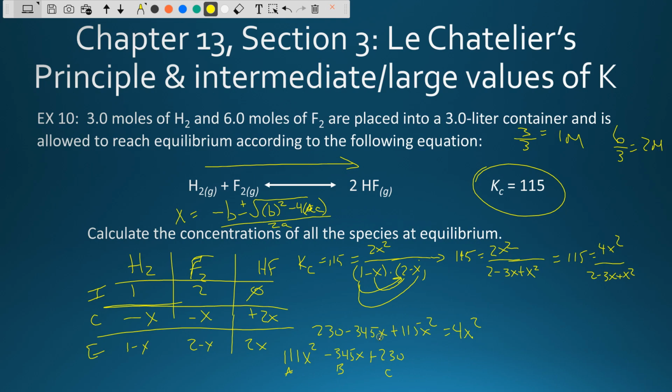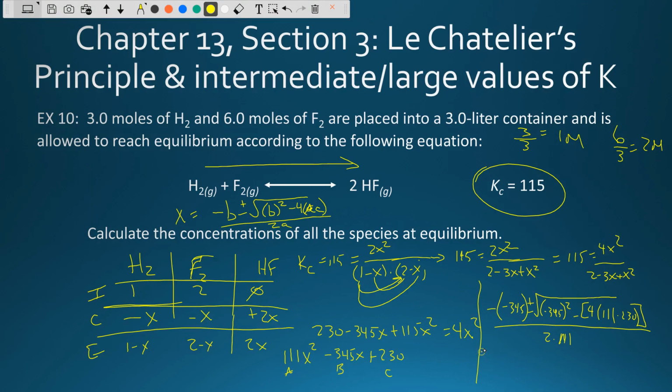I end up with a negative of my b value, which is a negative 345, plus or minus the square root of negative 345 squared minus 4 times 111 times 230, all over my 2a, which is 222.